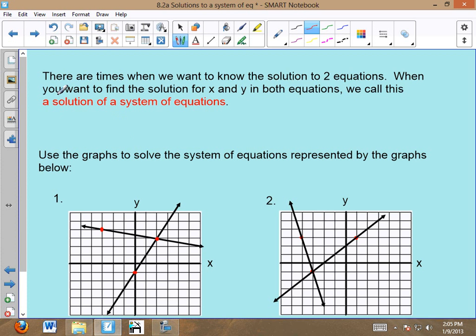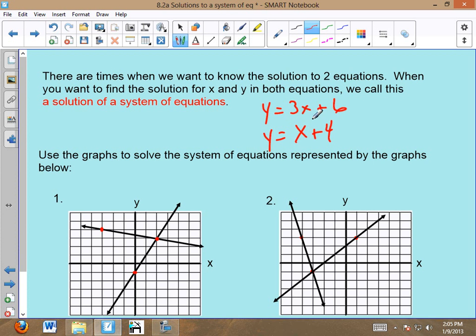When you want to find the solution for x and y in both equations, we call this solution a system of equations. So, don't write this. I'm just saying, let's suppose I had y equals 3x plus 6 and y equals x plus 4. These are 2 equations that I could graph, couldn't I?